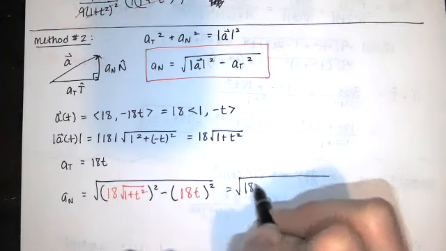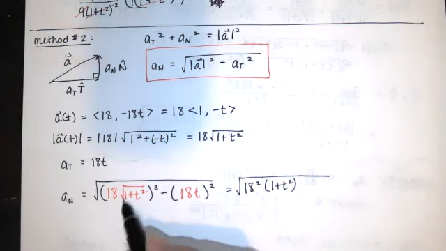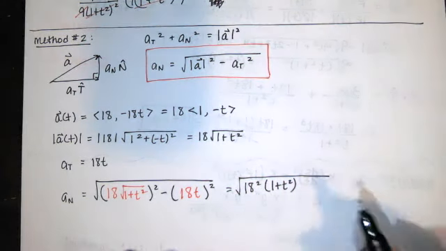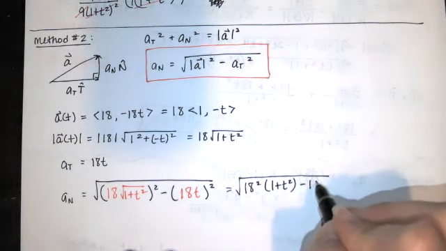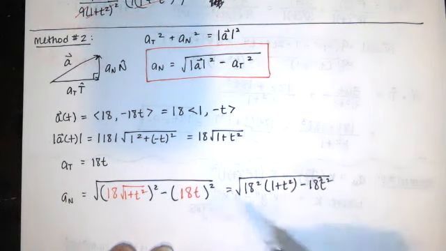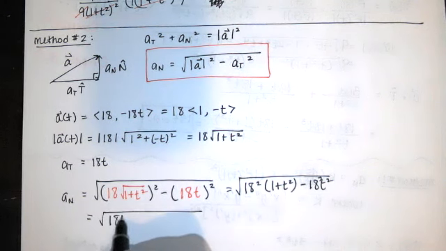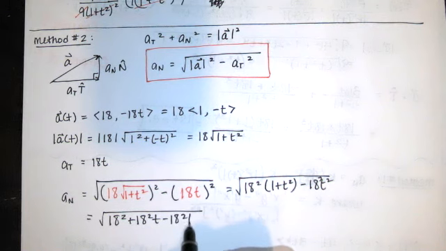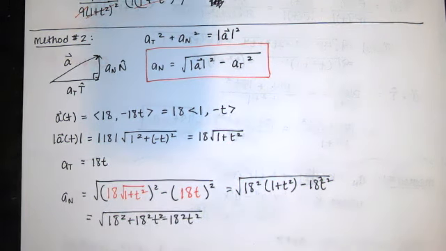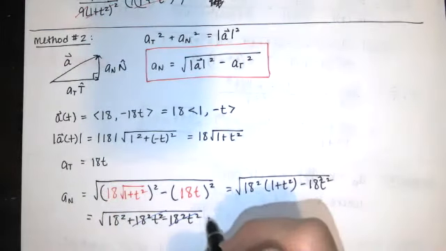So you're going to have an 18 squared over here times a 1 plus t squared. The squaring function and the square root function undo each other. And then you're subtracting 18 squared times t squared. Actually, if we distribute now, we've got 18 squared plus 18 squared times t squared minus 18 squared times t squared. Those guys reduce, and you just have the square root of 18 squared, which is 18.